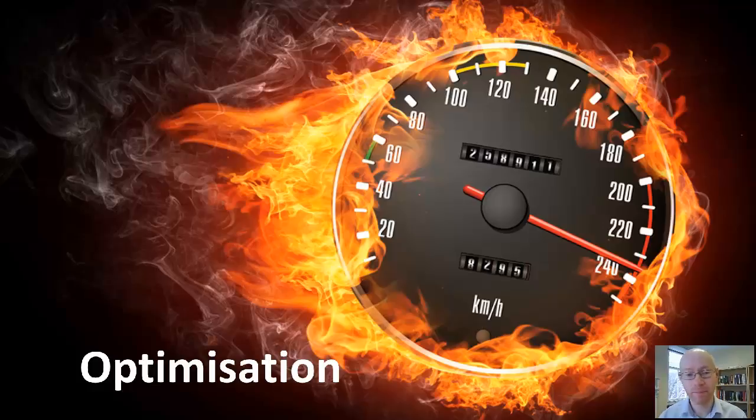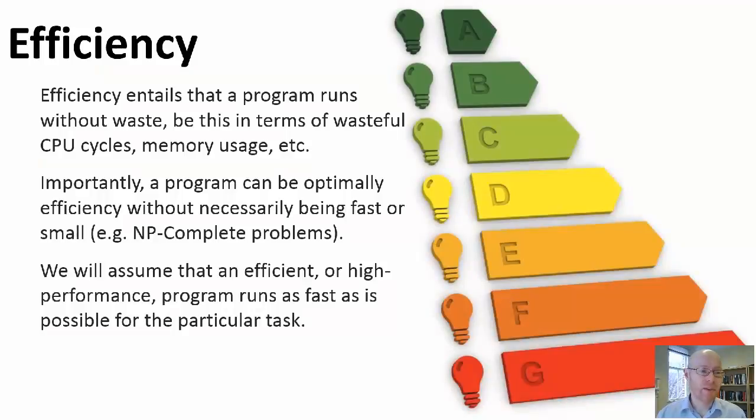We think about efficiency, again, as just mentioned here, it could be CPU cycles, could be memory usage. One important thing to note is that you can have a process that is optimally fast, but for that process still to be very slow to run.